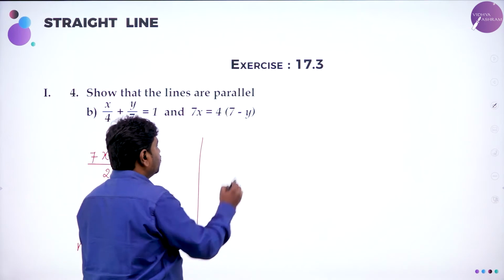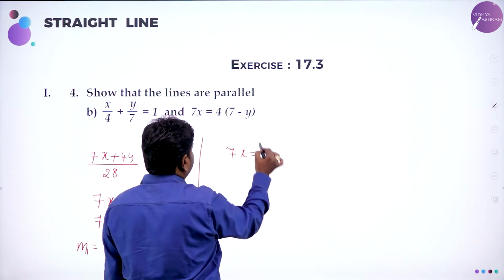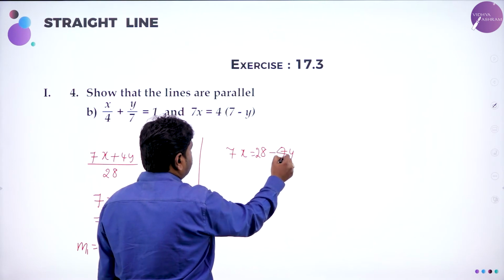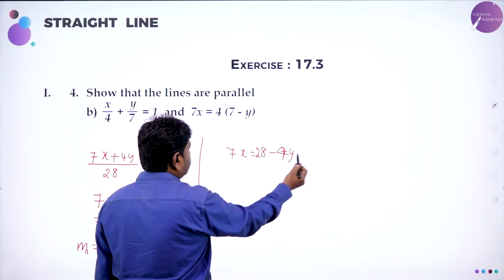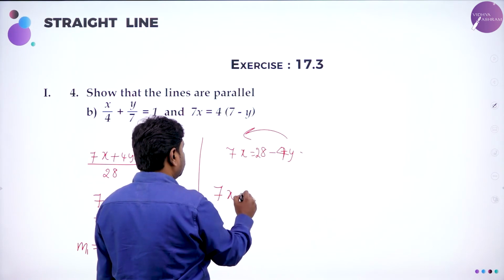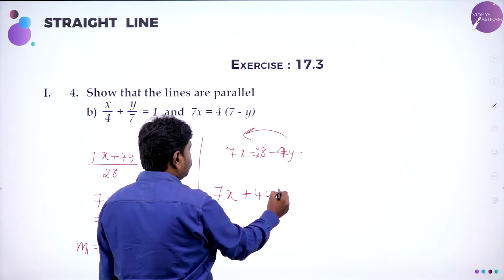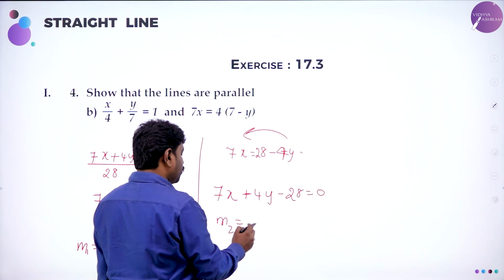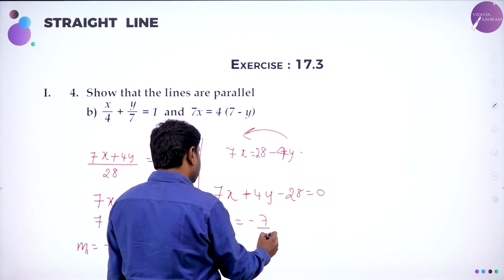m1 means the slope of the first line, minus a by b, minus 7 by 4. Now the second line is 7x, multiply, 7 4s are 28, minus 7y, and bring minus 4y. Bring all the terms to one side. So 7x in LHS, minus 4y brought to this side becomes plus 4y, is equal to 28, becomes minus 28 equal to 0. Now you find m2, the slope of the second line, minus a by b, minus 7 by 4.